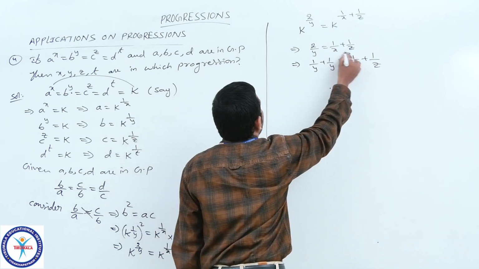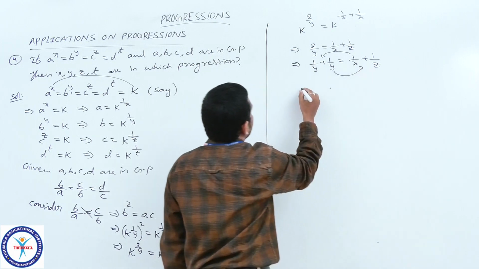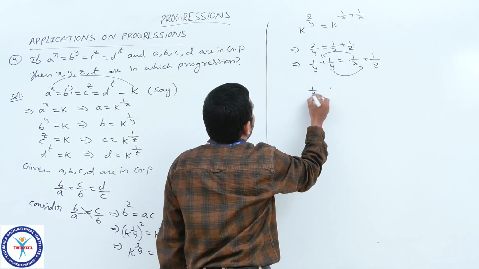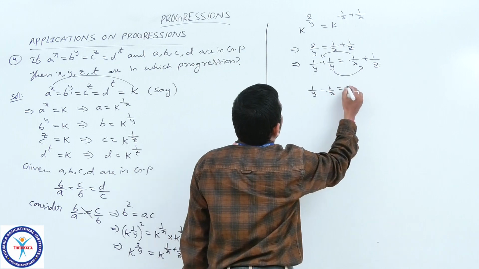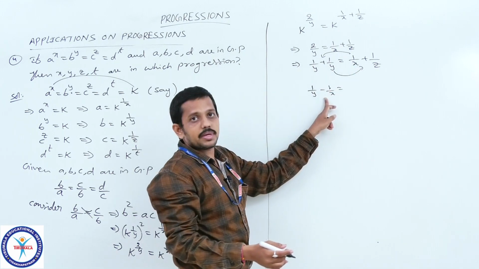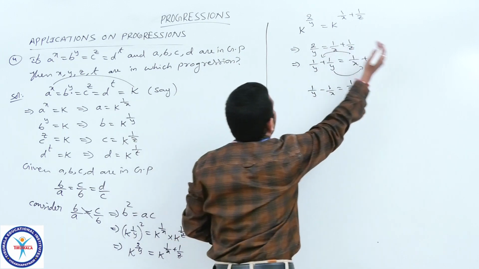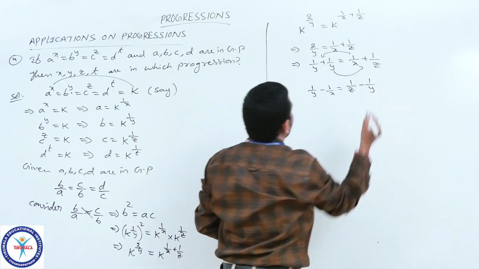Then by taking 1/x to the left side and 1/y to the right side, 1/y − 1/x = 1/z − 1/y. By taking 1/x to the left side it becomes minus 1/x, and by taking 1/y to the right side it becomes minus 1/y.